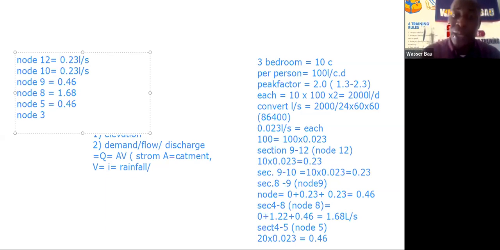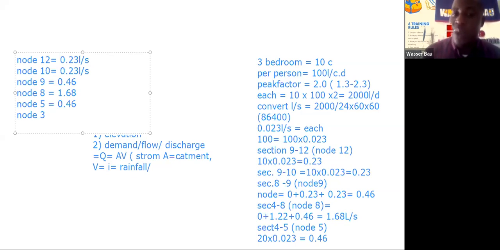If it's a bakery, a hotel, a hospital, a mechanic, a spa, a swimming pool, all I want is for you to generate the water demand, add it up, and get the final discharge, which you now use for your pipe sizing.